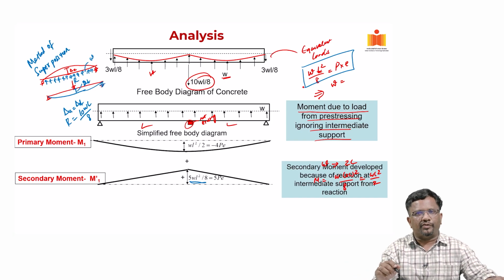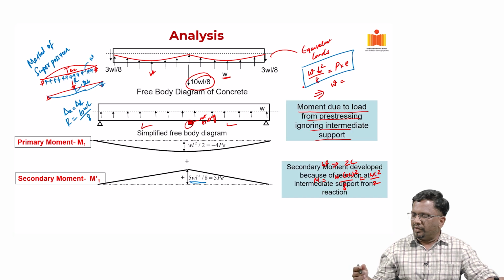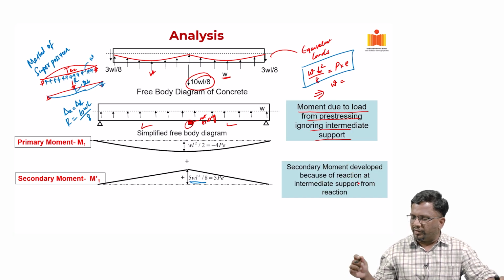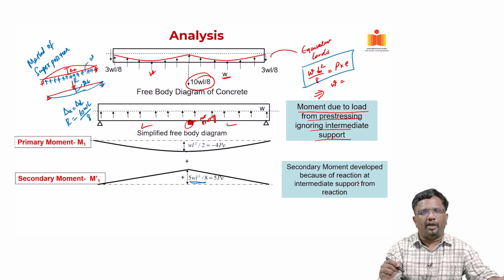So these are all some simplifications. Now the point to note here is, the secondary moment will be developed because of the reaction that is coming at the intermediate support. So due to pre-stress, I have to consider both the primary moment and the secondary moment.